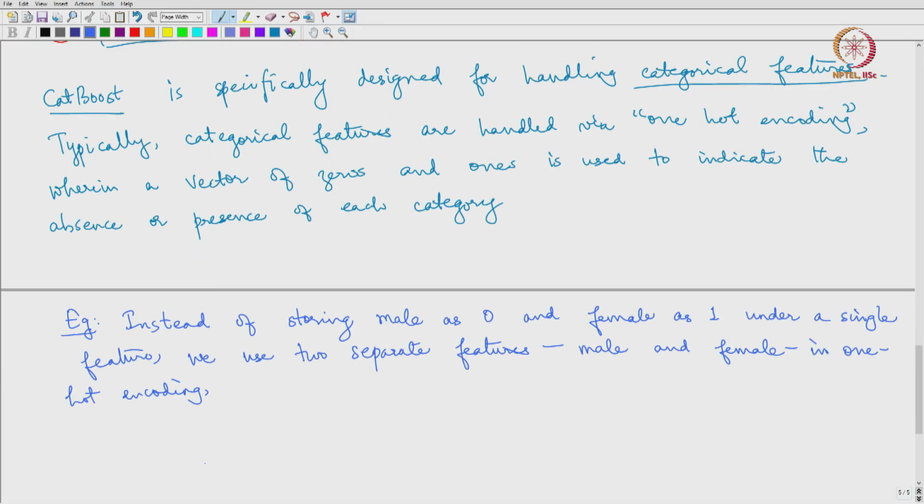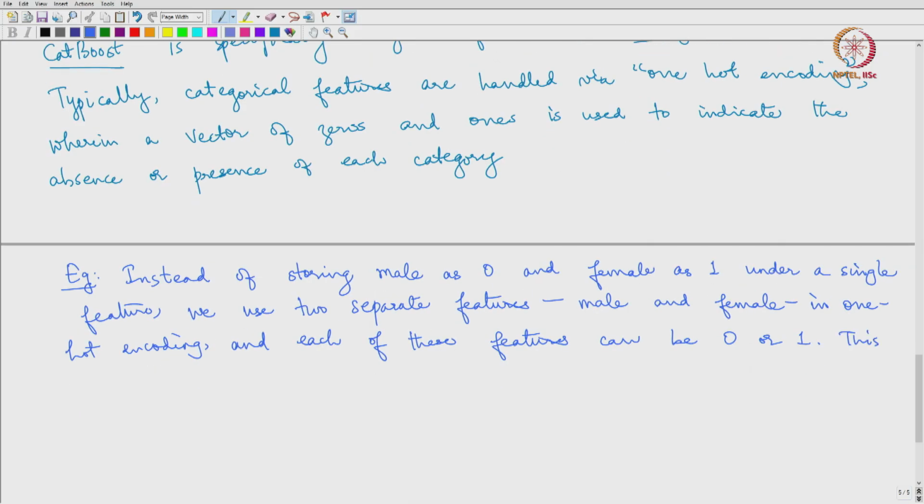And each of these features can be 0 or 1.